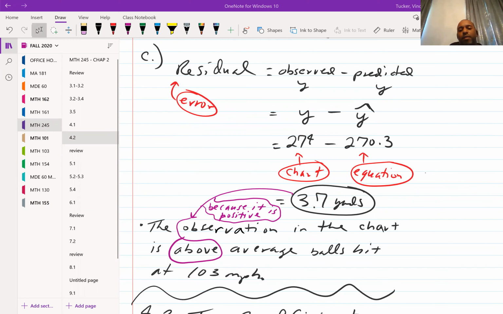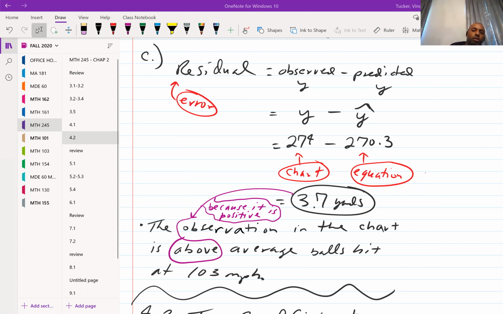So the observation in the chart is above average for balls hit at 103 miles per hour. I have the purple there letting you know the reason it's above is because it is positive. If the outcome was negative, then the observation in the chart would have been below average.